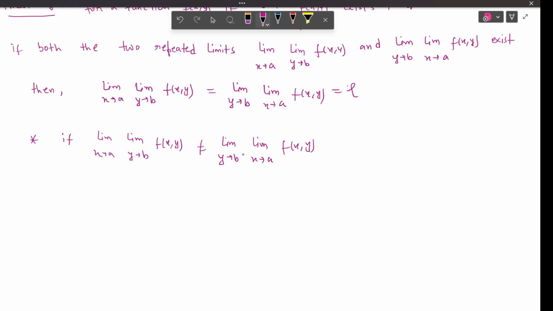If this limit is not equal to this limit, then we can say limit x comma y tends to a comma b, f of x comma y does not exist. Okay, this should be equal. Otherwise, limit x comma y tends to a comma b, f of x y will not exist.